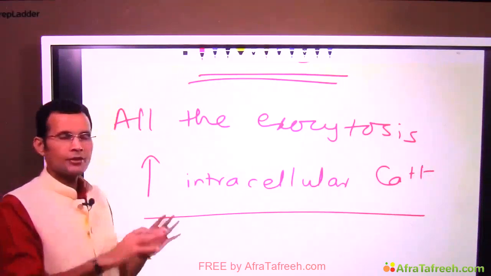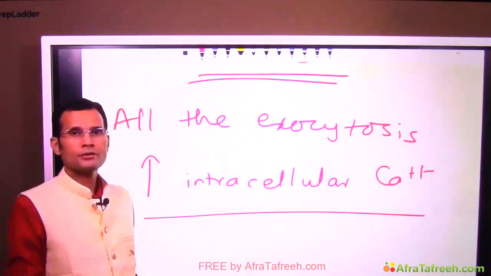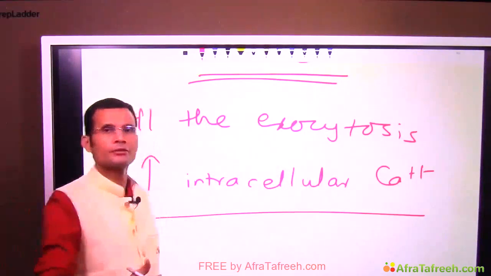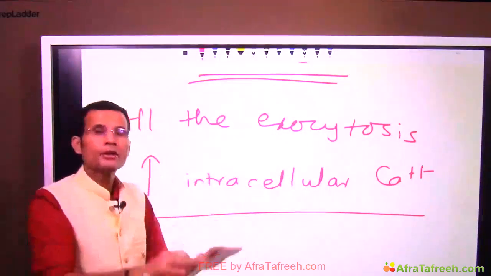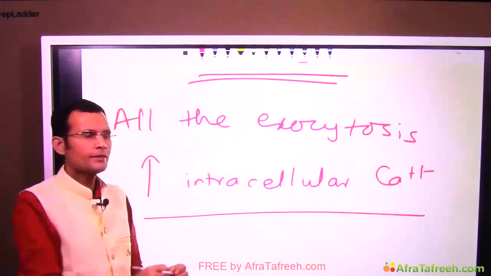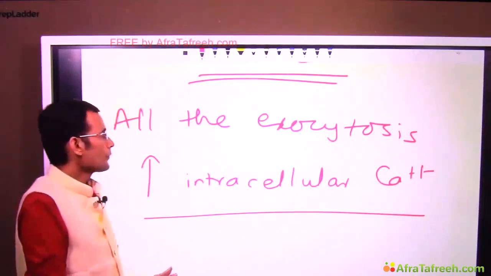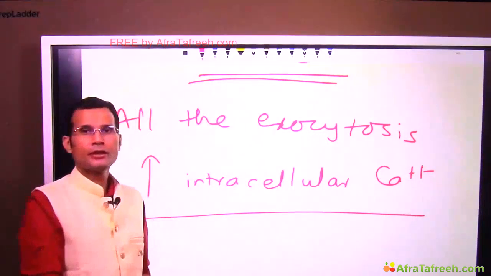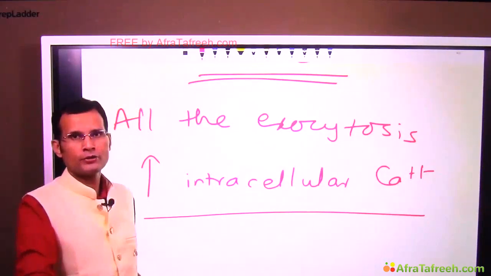So increased intracellular calcium precedes the exocytosis. This happens, and then because of it, the exocytosis happens. So this is true for all the processes except at two instances where a decrease in intracellular calcium will lead to exocytosis.